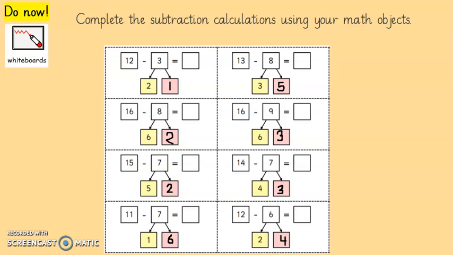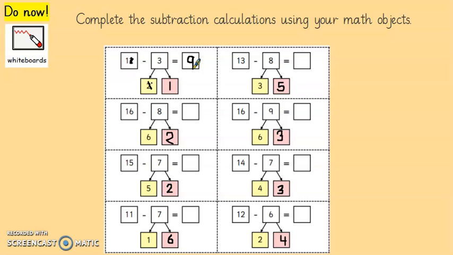So we take away the ones that we have first. And that meant that I was taking away 2 ones. I'm left with 10. Take away 1, this one that was left over, is equal to 9.